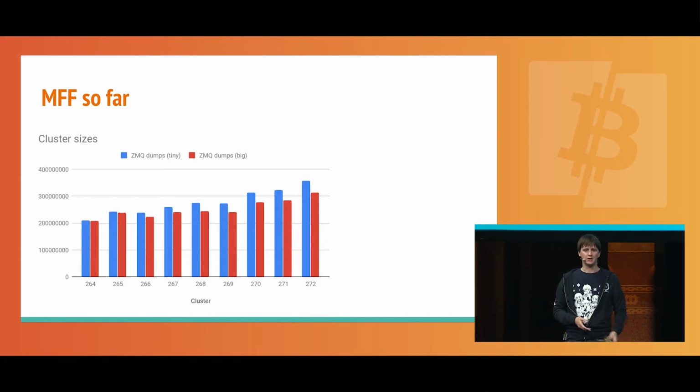It can be anything you want, really, but in my case here, that's 2016. So it's like every difficulty retargeting, there's a new cluster, and each cluster is stored in a separate file. And these are completely independent from each other, so I could throw you the cluster for blocks 500-something thousand to that plus 2016, and you would be able to get everything you wanted out of that for the transactions in that period.